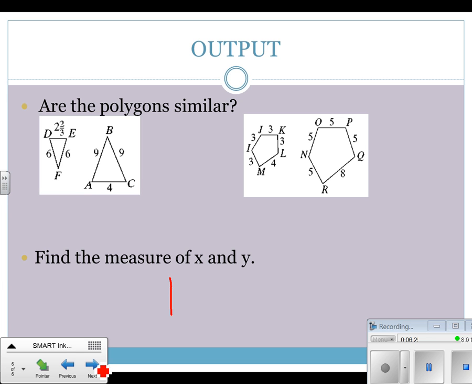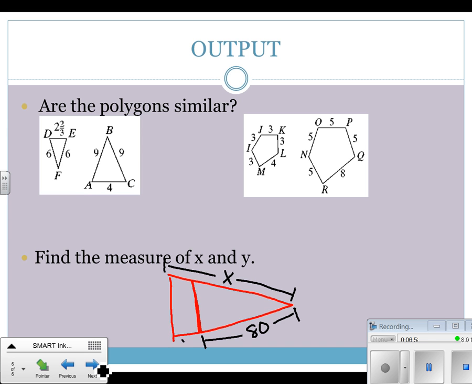In this next one, I'm going to draw an image. We have a triangle, and inside there I'm going to draw a line. So really you can see two triangles here. There's a smaller one inside the bigger one. And I'm going to label this from here to here is X. From here to here is 80.